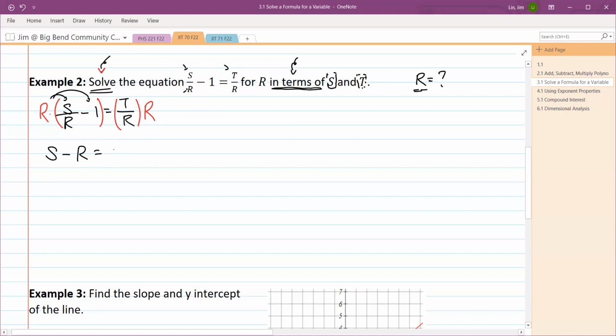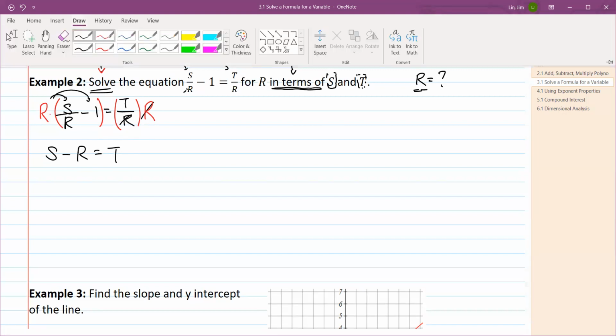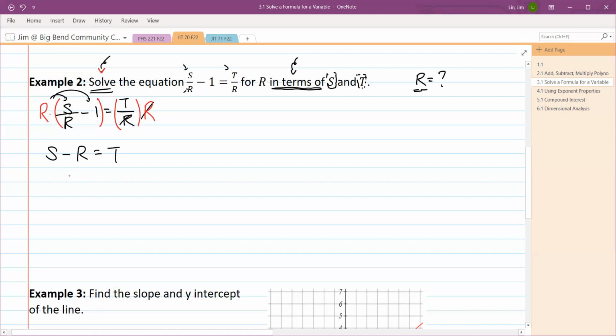Then on the right-hand side, r, so I divide it out, and then we have t only. And now the rest becomes straightforward, right? To isolate r, there is more than one way to approach the answer, but one thing we can do is take off the s on both sides of the equation.